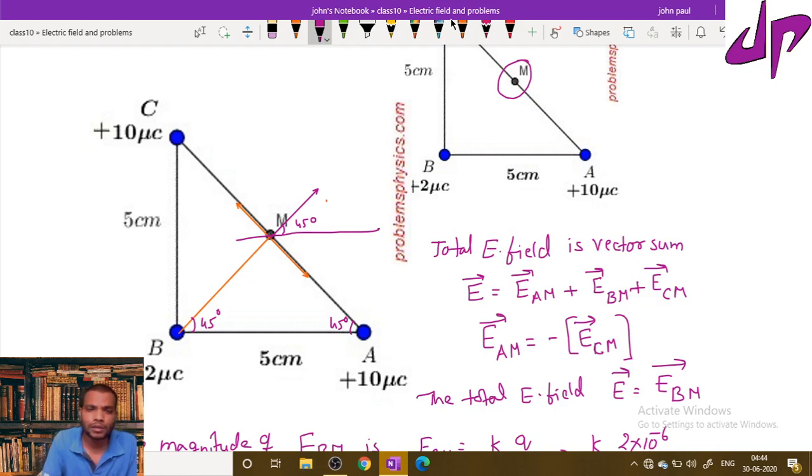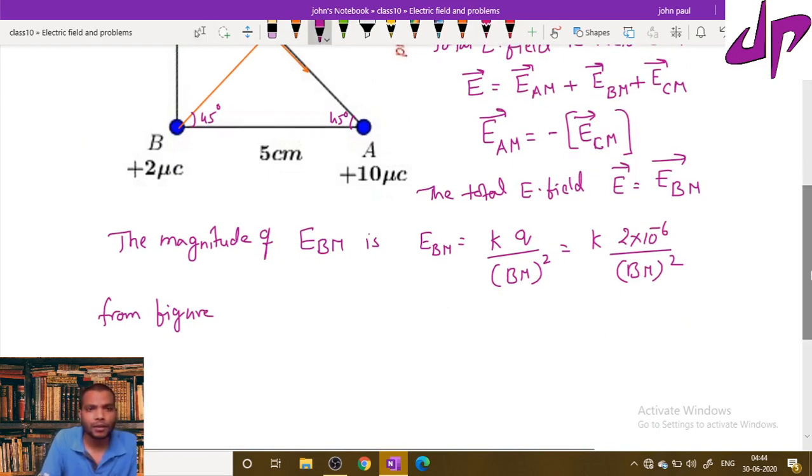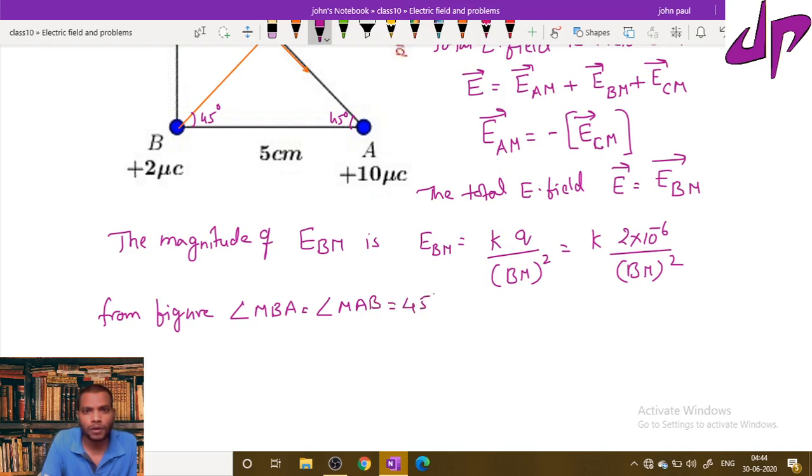Now from the figure, angle MBA equals angle MAB equals 45 degrees.